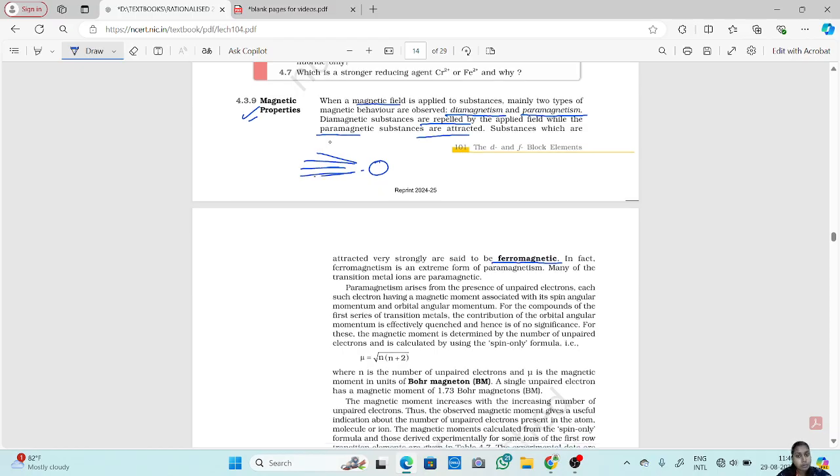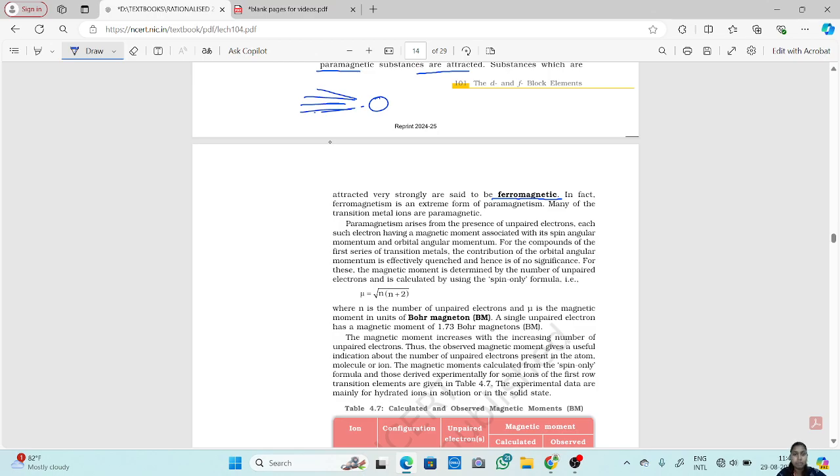If the substance is attracted by the magnetic field, it is paramagnetic. If it is very strongly attracted, so that it is very difficult to remove, that is ferromagnetic. In fact, ferromagnetism is an extreme form of paramagnetism.